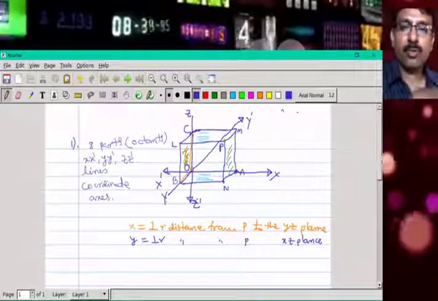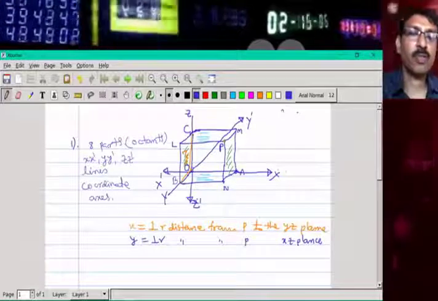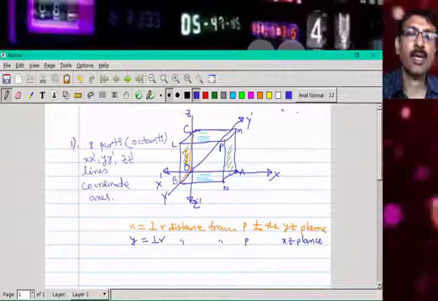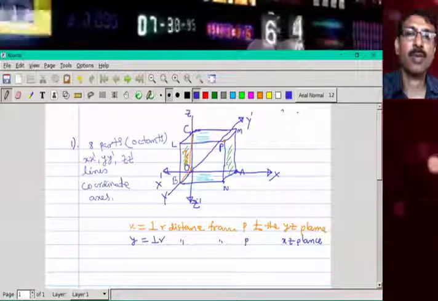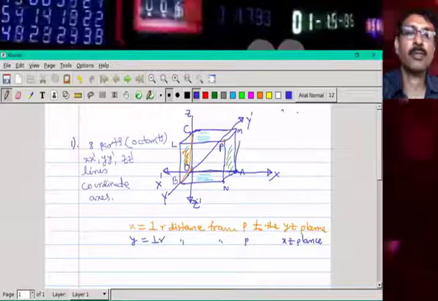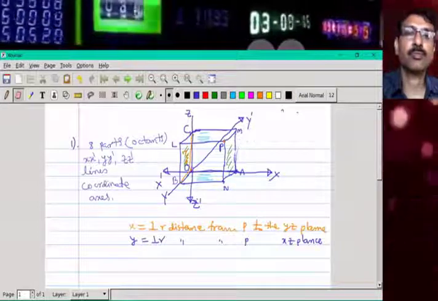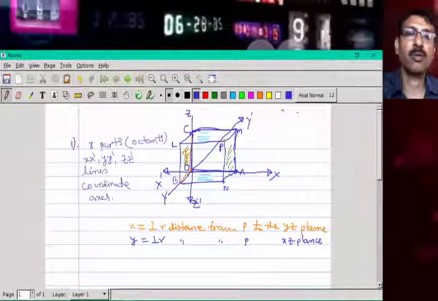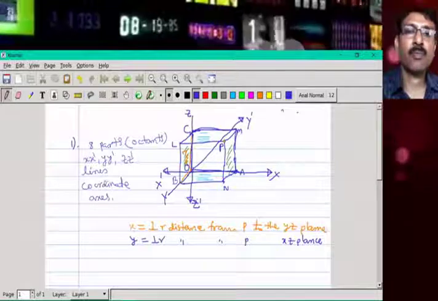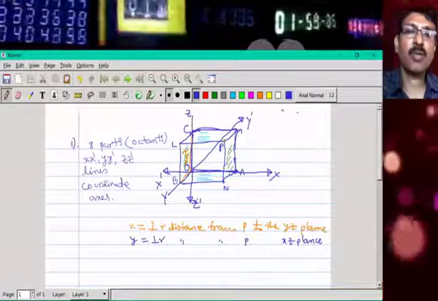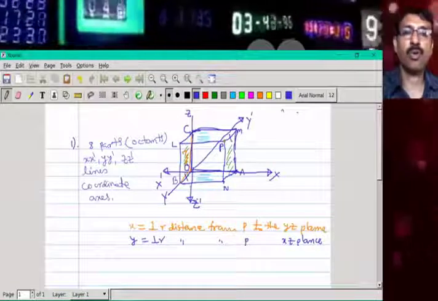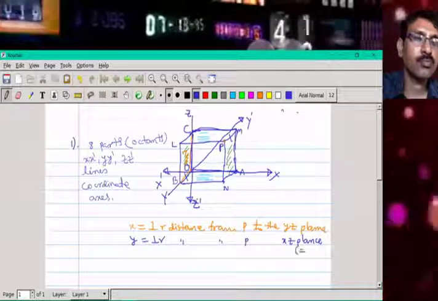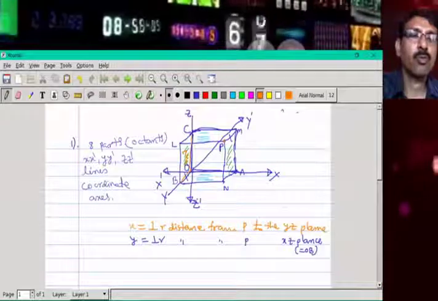The distance from our point P to the xz plane is equal to PM, which is also equal to OB.